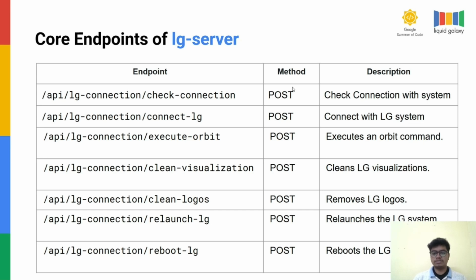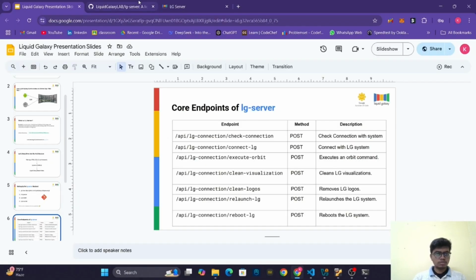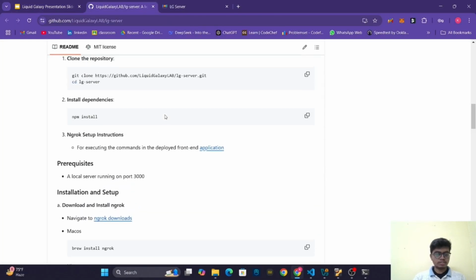The method we are using here is the POST method, and what it does is check the connection with the system. Similarly, we have other API endpoints available: connect LG, execute orbit, clean visualization, clean logos, relaunch LG, and reboot LG, and these are the methods that we have to apply to these APIs. Now, let me show the Swagger docs, which are available in the README.